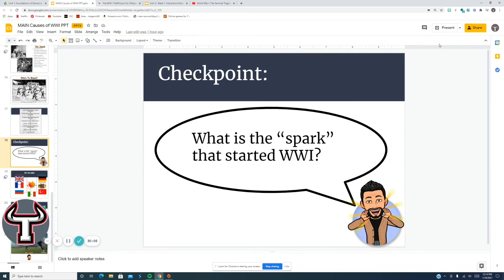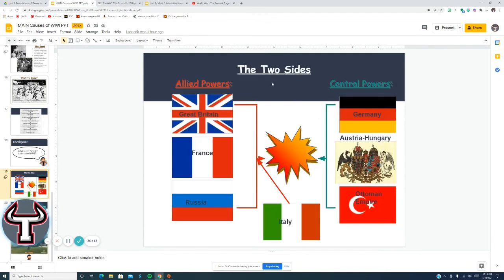Well done. Yeah, absolutely. Franz Ferdinand, the assassination definitely is the spark that we now know. The spark that does create these two lines of countries who are about to fight in Europe and in other stages around the world.